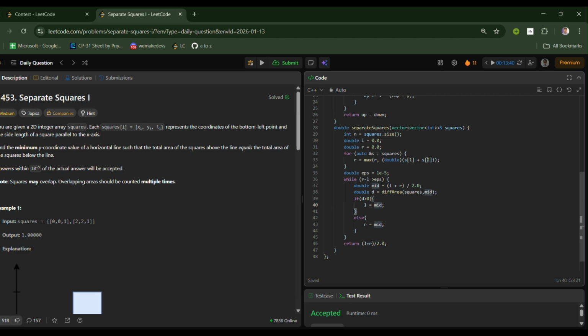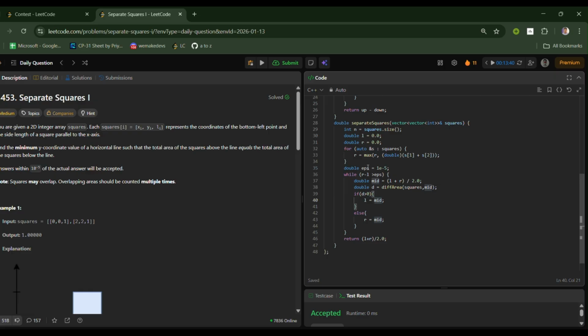Okay, so this part is done. Then I have set epsilon as 1e-5. Now we are looking at those values whenever l is less than r.